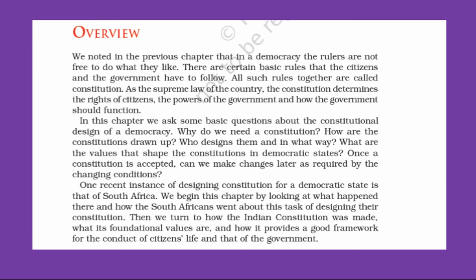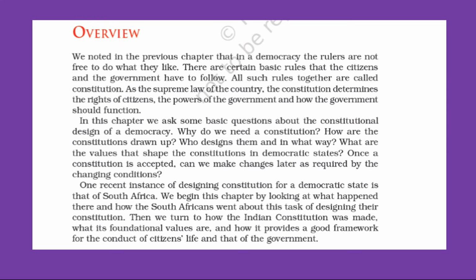We noted in the previous chapter that in a democracy the rulers are not free to do what they like. There are certain basic rules that the citizens and the government have to follow. Such rules together are called the constitution.